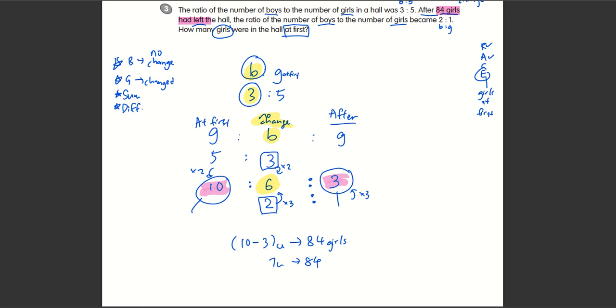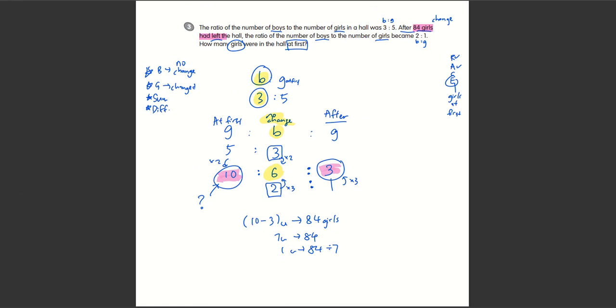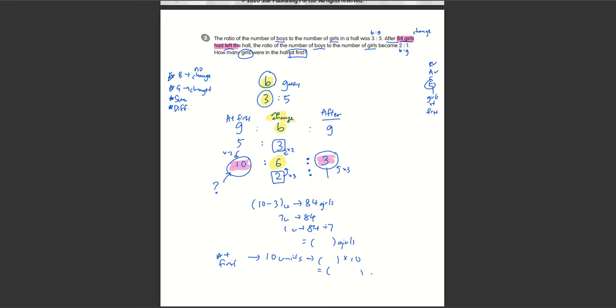So at first you are looking for 10 units. So 1 unit you can calculate, and then you need to get back to the at first 10 units. And there you go, you'll get your answer of how many girls at first.